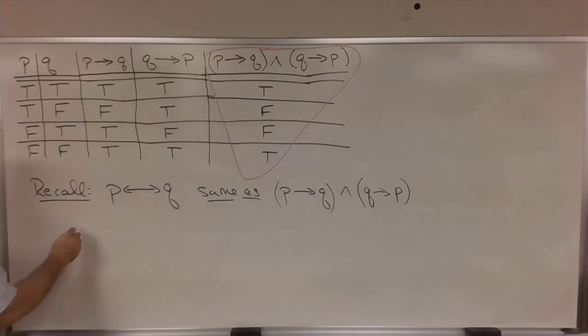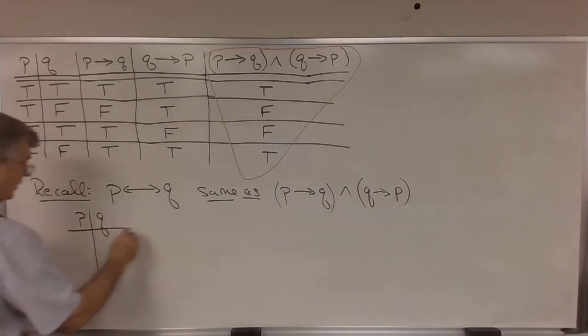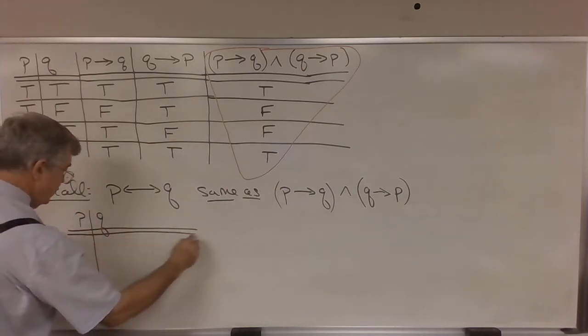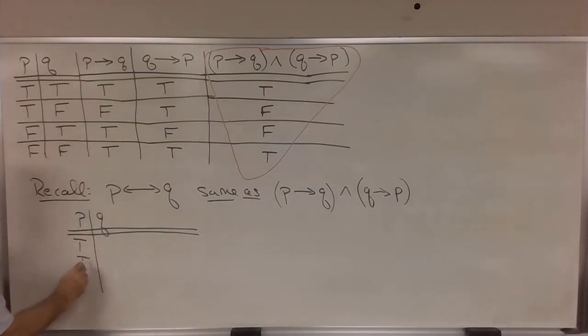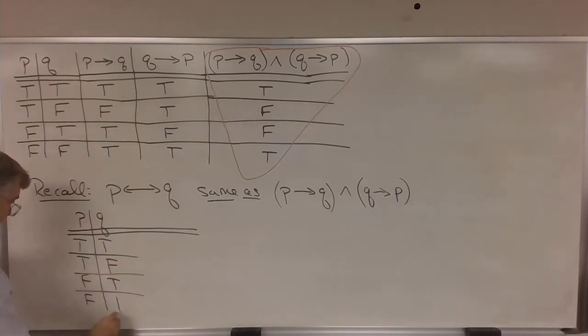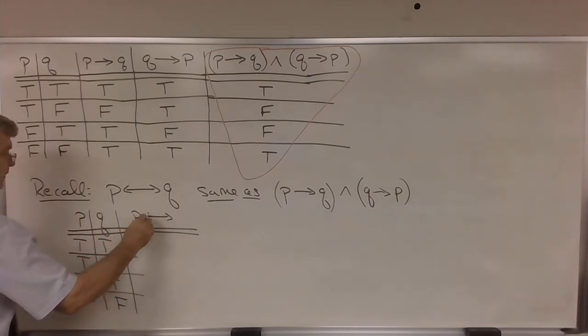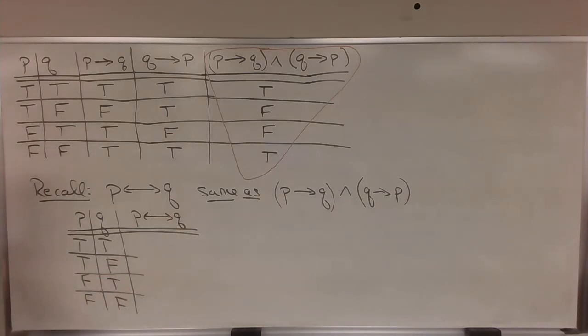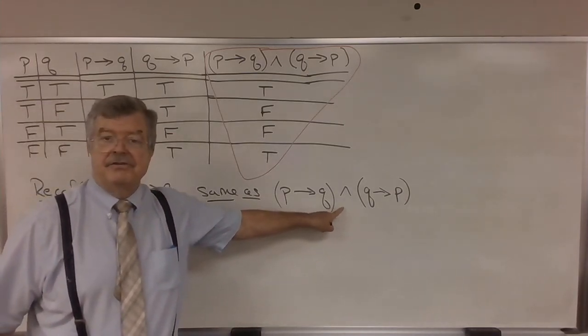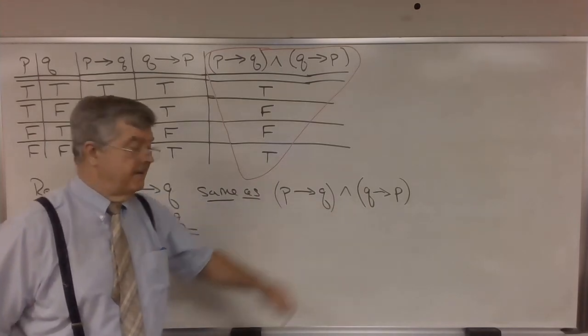So let's tidy up this truth table. We have P, Q, true, true, false, false, true, false, true, false. And here's our statement. P if and only if Q, which is exactly the same thing as this humongous monster that we just figured out.